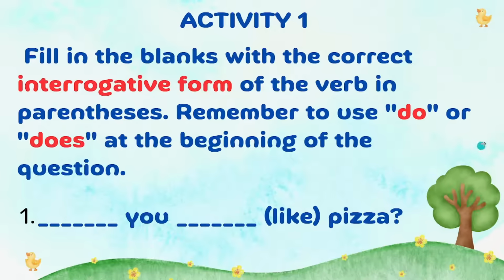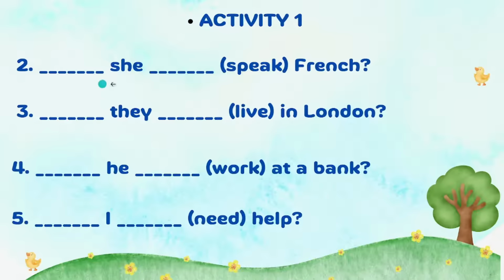Alright, for number 2. This is your clue, for the she. So, what are we going to use here? Remember, as I said, that you will use does only for he, she, and it. And for the rest, you will use do. Since we have here she, subject pronoun, what are we going to use?